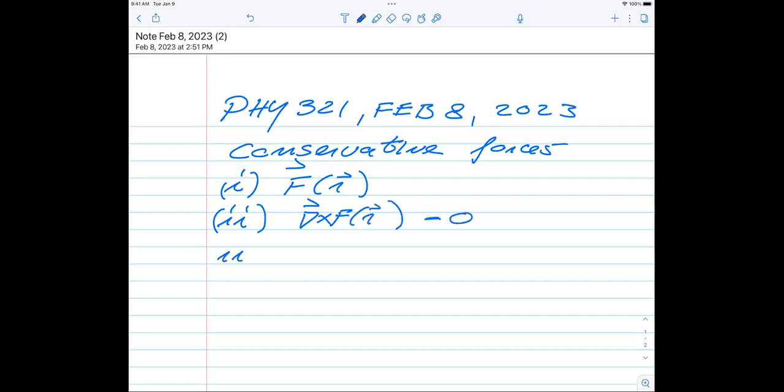And this leads to the work which is done between two positions, 1 and 2, so we would have an R1 here and an R2, integrated over R, multiplied with the force, being independent of the path we take.